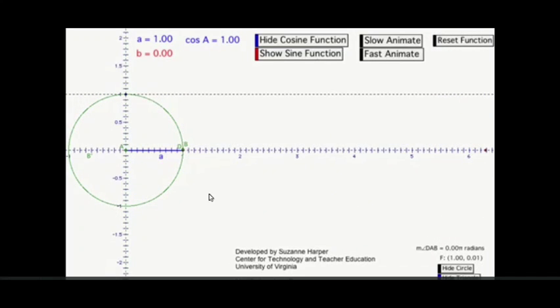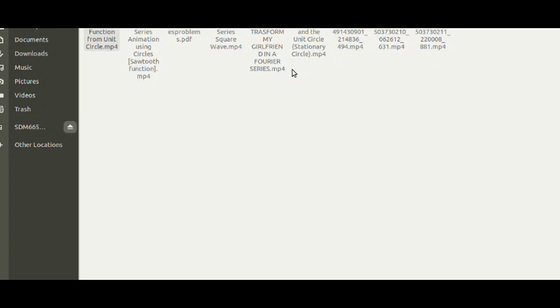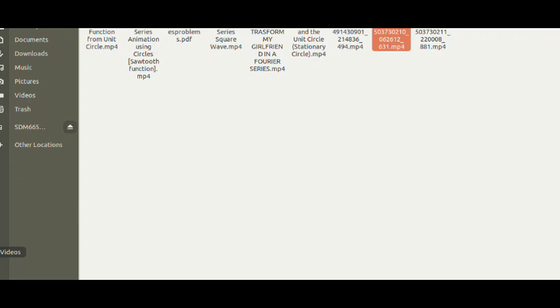Okay. Now, what happens if a smaller circle is around a bigger circle, and another smaller circle, and another smaller circle? What happens? We'll see. Look at this.